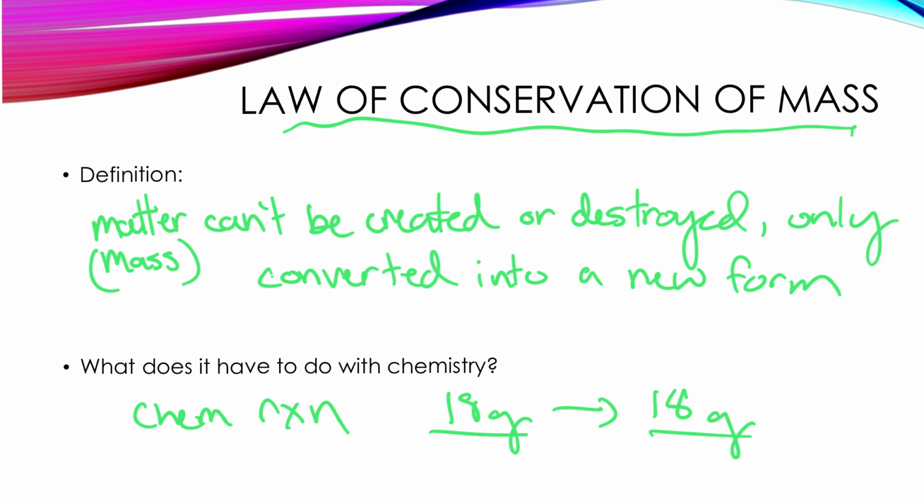Now, when you do a chemical reaction, you might start with 18 grams, but you only weigh 16 grams on a scale. And you're like, well, what happened? Well, there was maybe about another 2 grams of some kind of gas that escaped. And so you're not measuring it, but it's there. You can be completely sure that if you start with 18 grams, you're going to end with 18 grams. You just might have to find that.